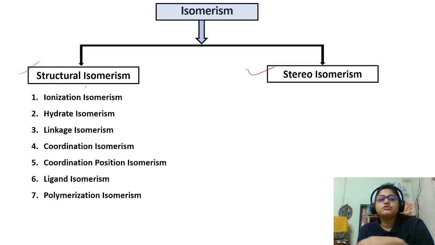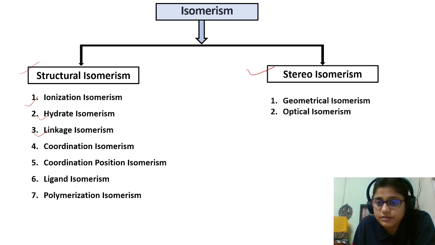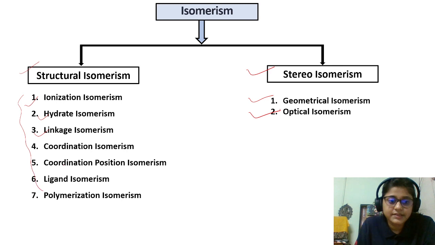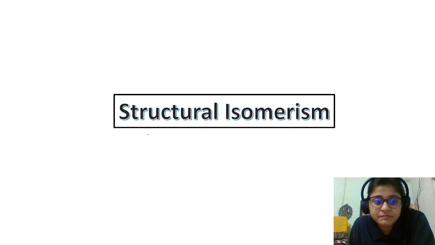In structural isomerism, there are many types like ionization, hydrate, linkage, etc. We will cover all of this. And in stereoisomerism, geometrical isomerism and optical isomerism. I will try to cover all of these in this lecture only. Let's see structural isomerism first.